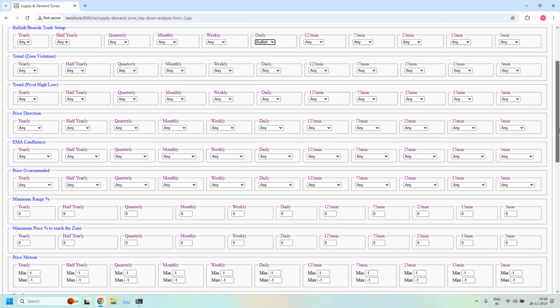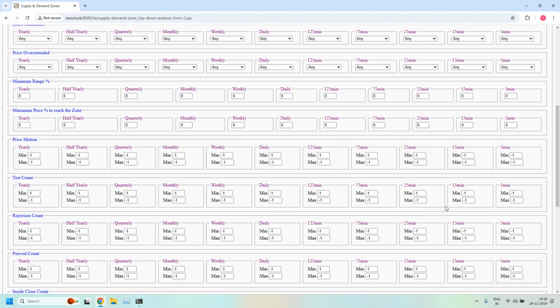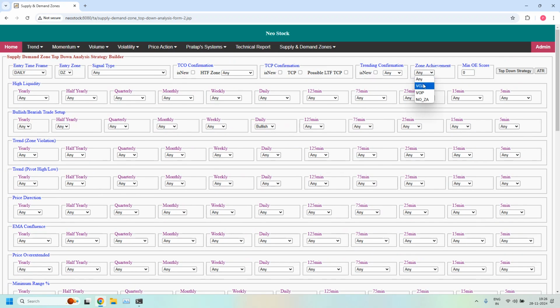And this daily demand zone should not be pierced. So in the pierced count at daily time frame, entry time frame, I am selecting minimum value 0, maximum value 0, zone achievement violated opposing zone. Minimum odd enhancer score is 12. All the three filters are applied to daily demand zone. Now let's filter the stocks.